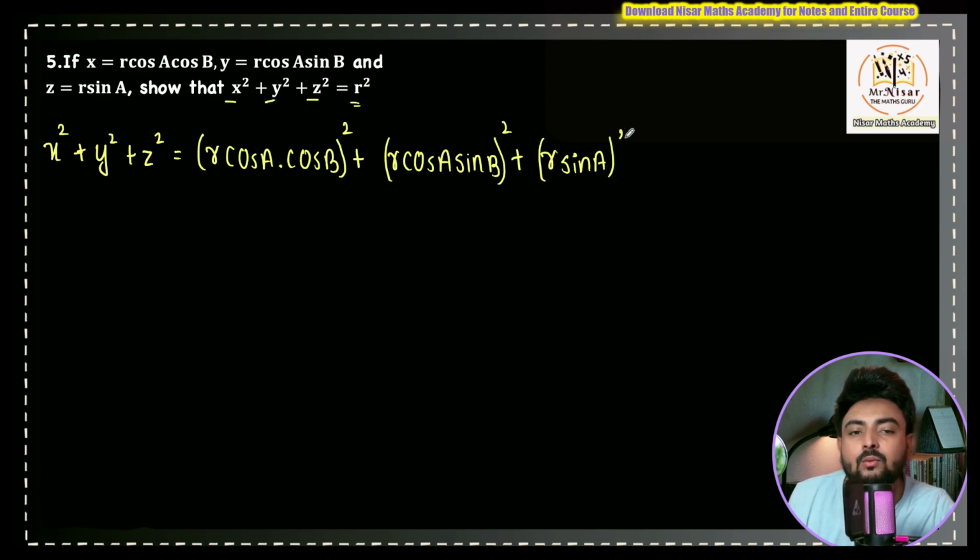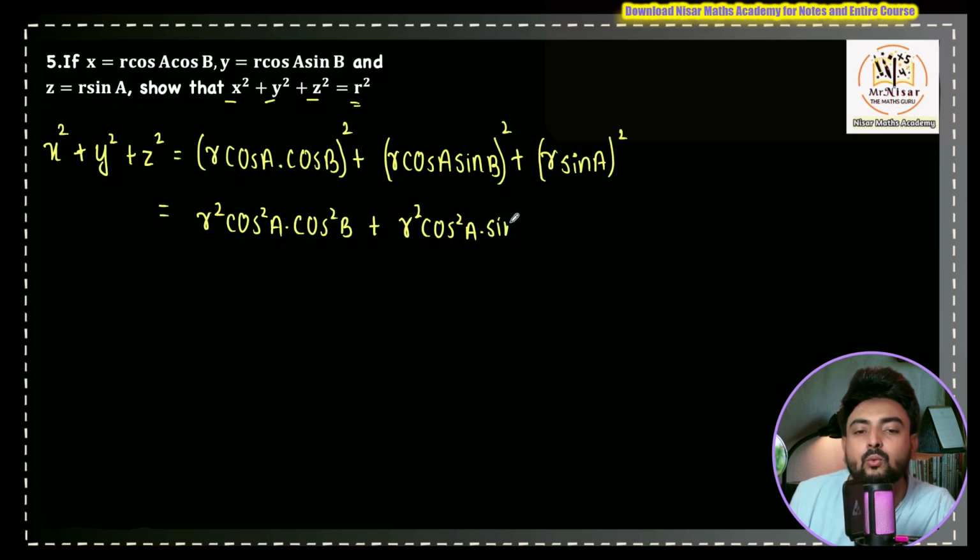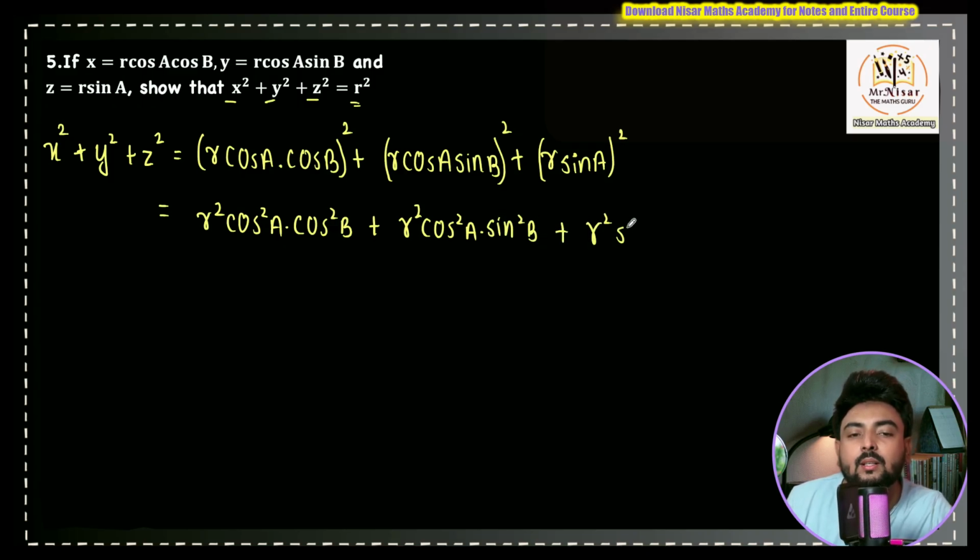So I have written all these values and I'll do the square of all of them. Now when I do the square, it will be r square cos square a into cos square b, plus r square cos square a into sin square b, plus r square sin square a. So all the squares I have done.